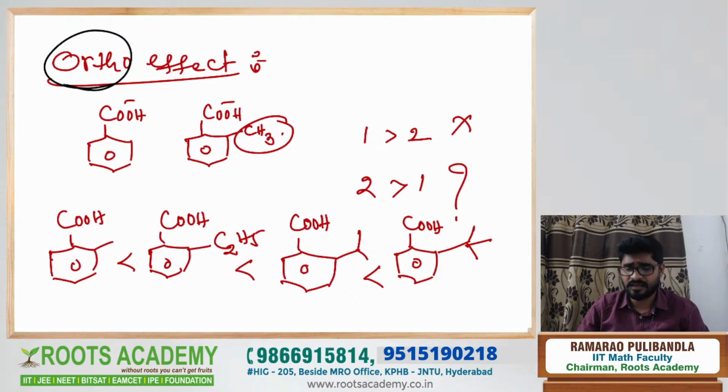And 2-3 times they asked in the mains based on ortho effect only. They used to ask acidic strength only based on ortho effect. Now exactly why it is like that and what is ortho effect, all these things we'll see in the next class more clearly.